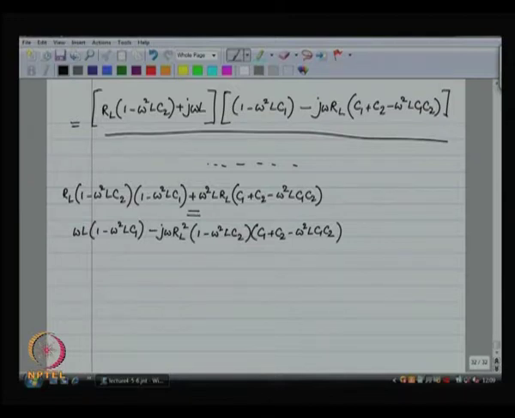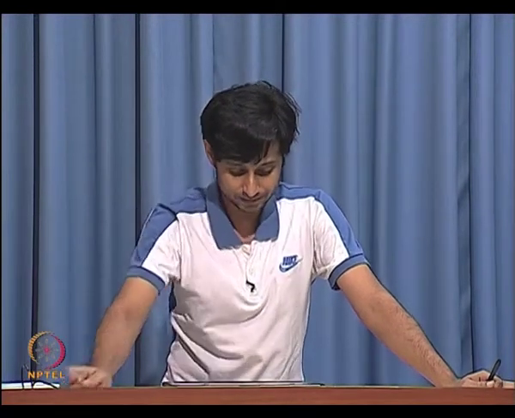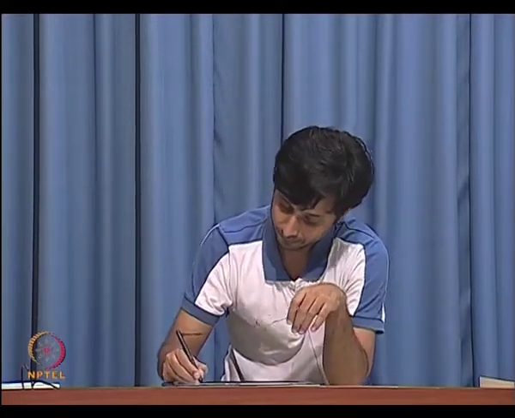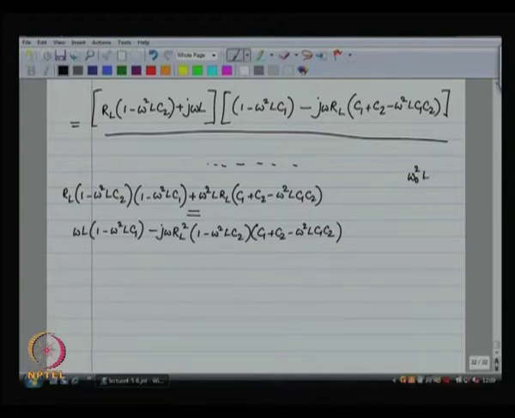okay. First of all, what is the relationship between omega 0 squared and L and C 1 and omega 0, okay. We can't really say, right. This is what we know, and L 1 plus L 2 we know to be equal to L. So, we know this.